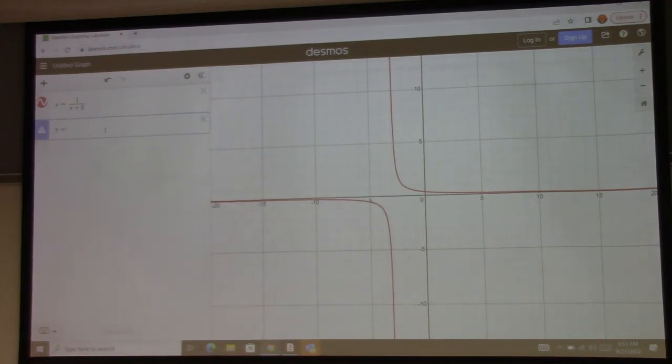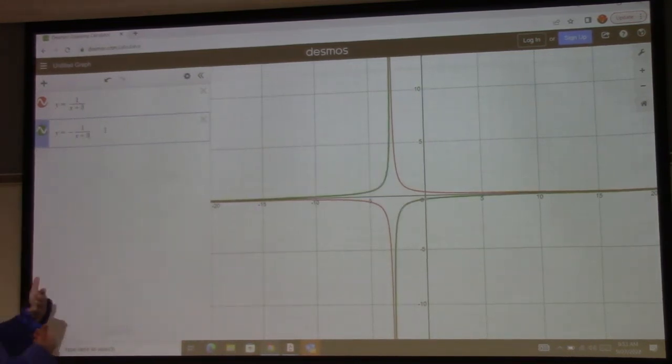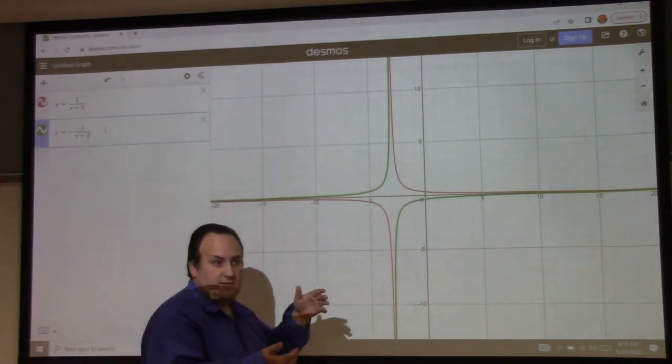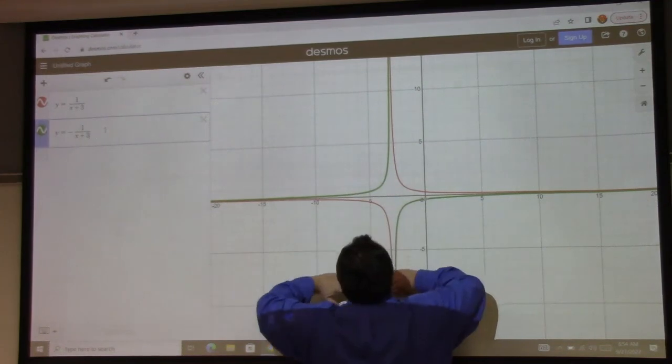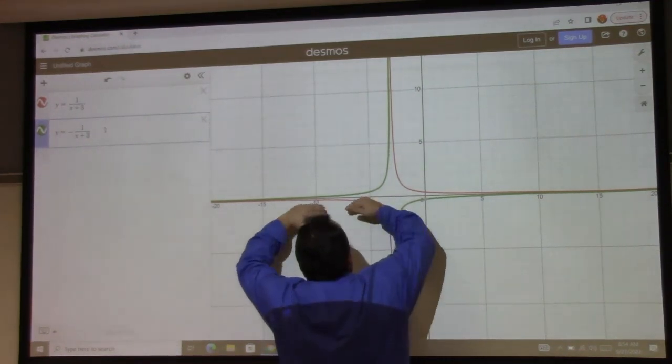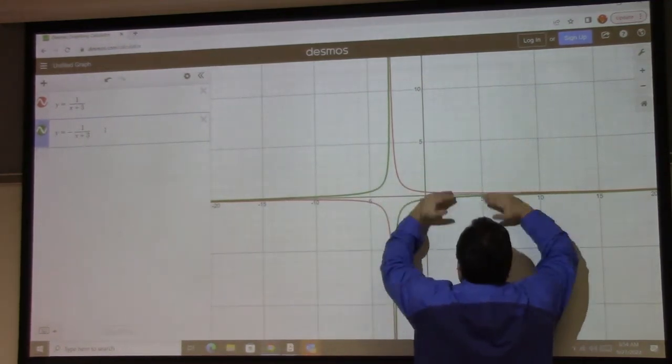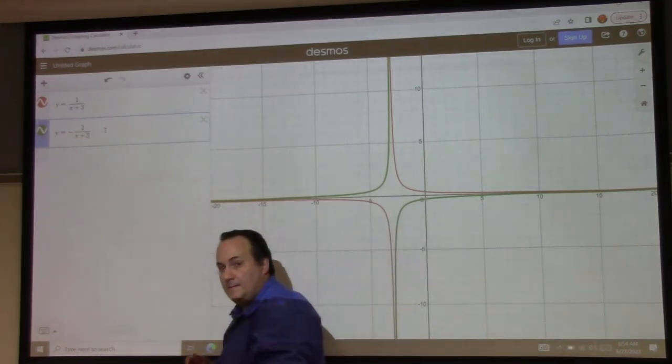Well, first of all, what happens if I just do minus 1 divided by x plus 3? See what happened? The original graph was red. The transformed graph just reflects over the x-axis. So the red flips up to the green and down to the green, like that.